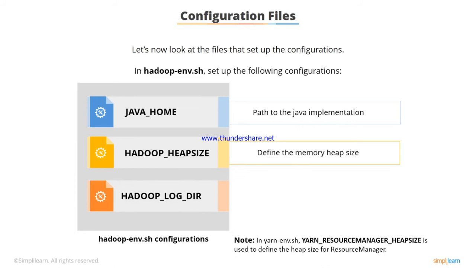In HADOOP_LOG_DIR, specify the path where the system log files created by Hadoop are stored. Default value for this variable is $HADOOP_HOME/logs. It is recommended that you specify a location other than the Hadoop installation path.